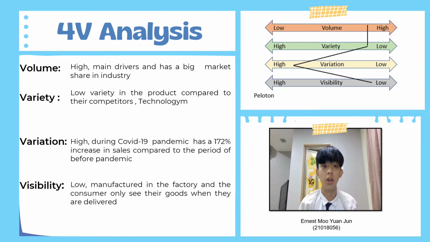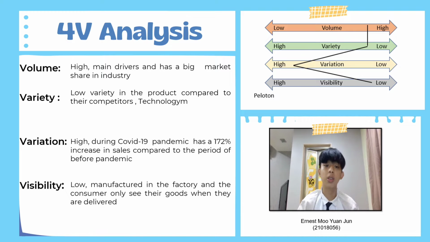For instance, Peloton bikes are only provided in two classes, which are Peloton Bike and Peloton Bike Plus, while its competitor Technogym has provided a few types of bikes, including Technogym Cycle, Technogym Bike, Skill Bike, Bike Personal, and My Cycling. Thirdly, the variation in demand of Peloton tends to be high.